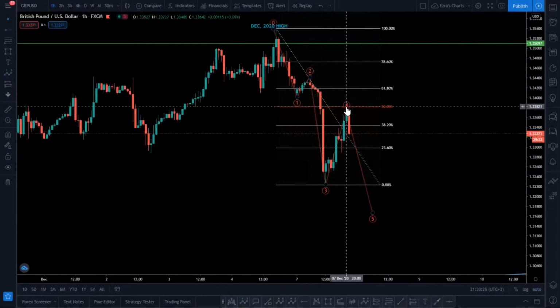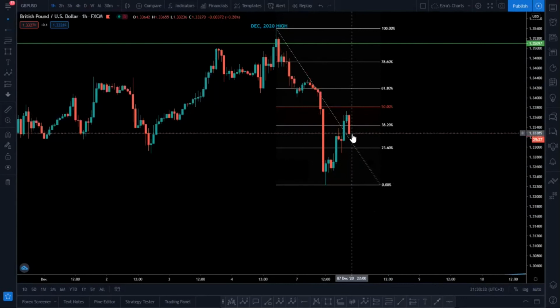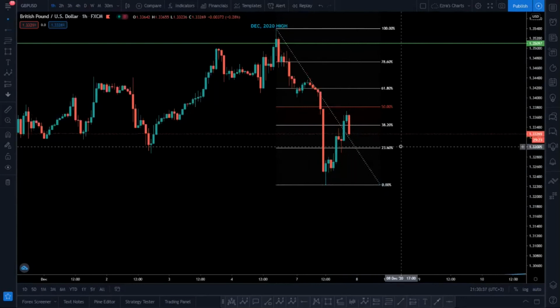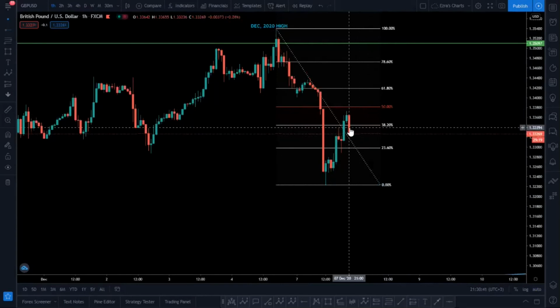Right, now back to our entries. If I was to enter here for a sell, knowing that this was wave 4, and I could sell all the way down to wave 5 at 0% of my fibs or lower, then where do I enter from is the question. Do I put a pending order somewhere down there? That's one thing you could do.